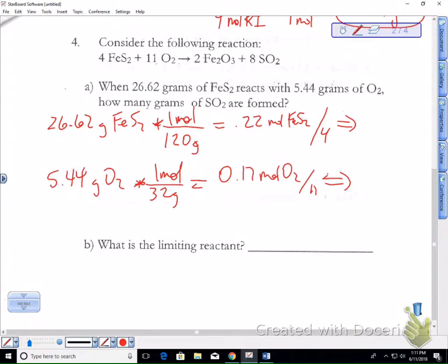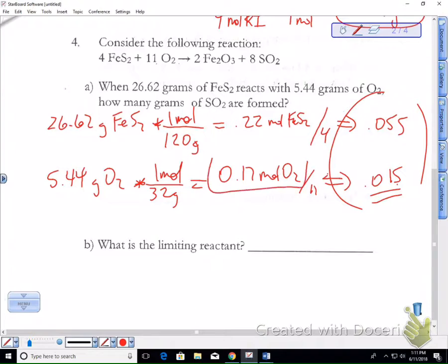All right, so if you did it my way, you got down to 0.22 divided by 4, which is 0.055, and then 0.17 divided by 11, which is 0.015. We don't care too much about what these numbers are over here, just find the smallest. This is the smallest, so my limiting reactant is this much O2.